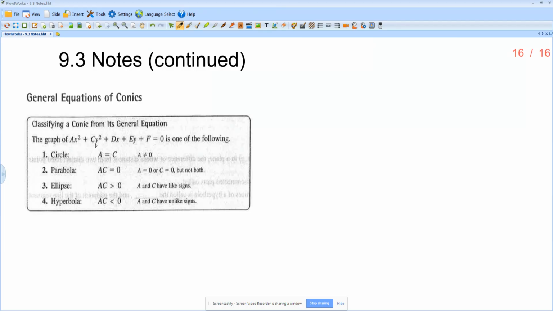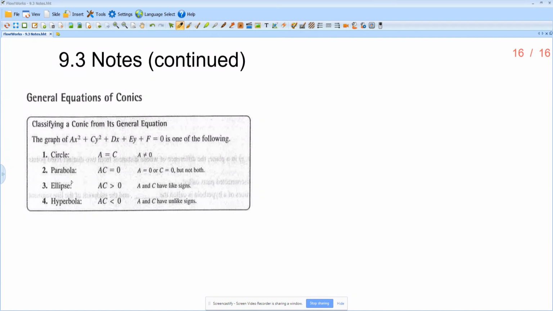So if a is equal to c, if the lead term of x squared and the lead term of y squared are equal, this is a circle, as long as a is not equal to 0. You know, if those terms don't exist, it's not a circle.